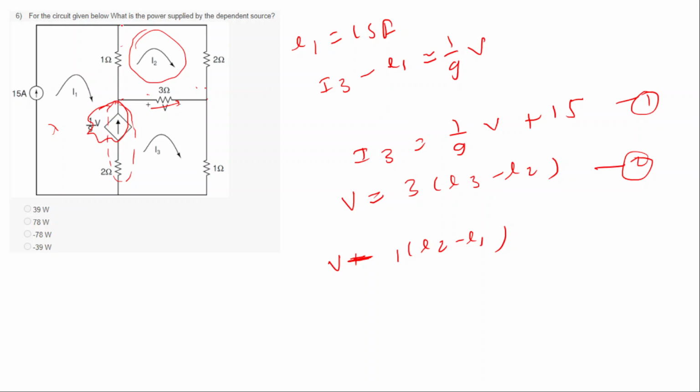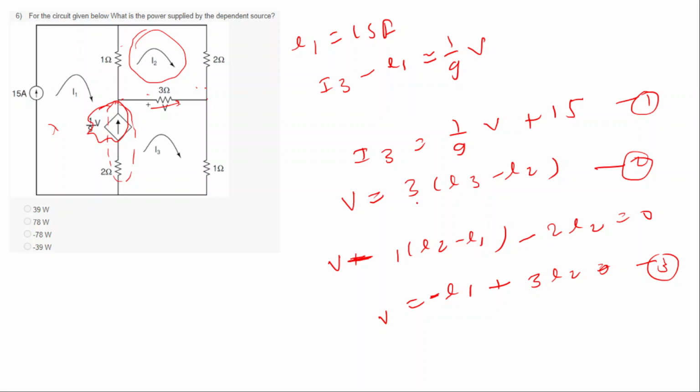Now if we move from here to here, this will be minus 2 times I2 equals 0. So V will be equal to minus I1 plus 3 times I2. This is our third equation.